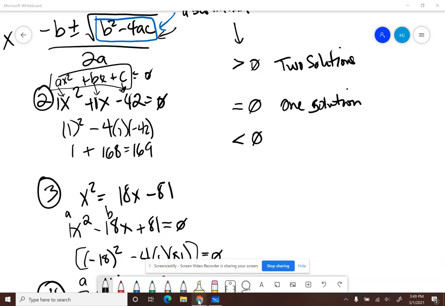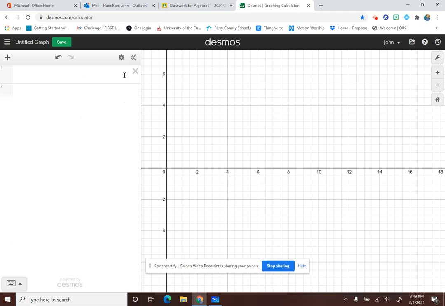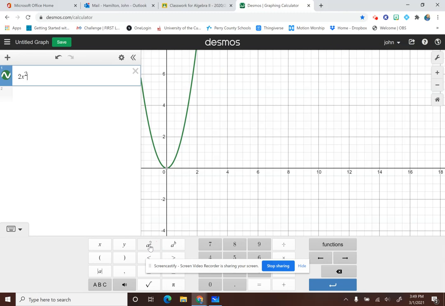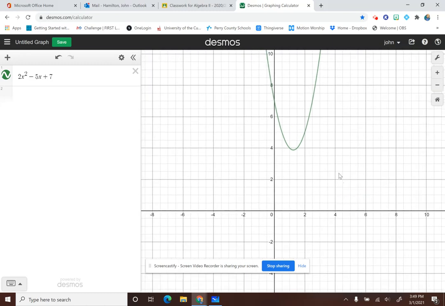Let's go into Desmos one more time, and I'm going to type in this new equation that we have. 2x squared minus 5x, I'm sorry, I put equals, plus 7. And look at what happened here. Is my graph crossing the x-axis at all?